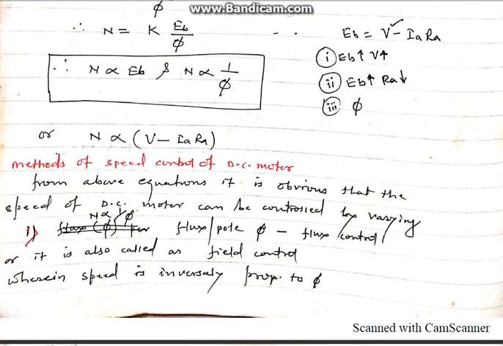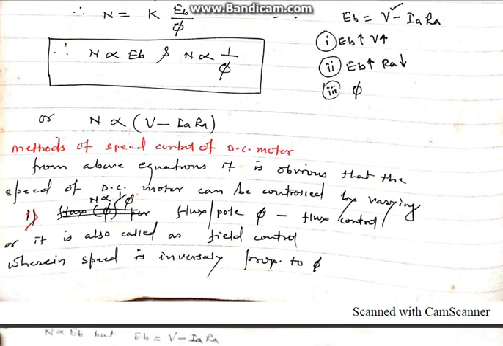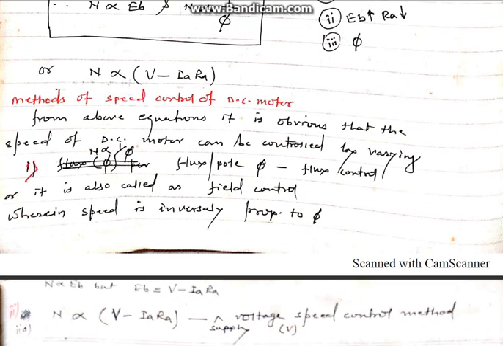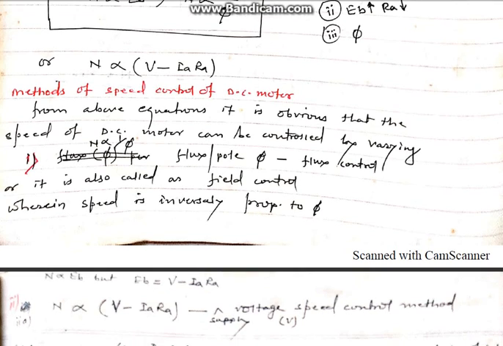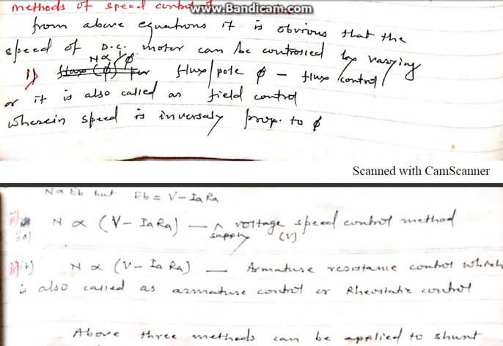So this method of controlling the speed is called the flux control method, wherein if you increase the flux, the speed reduces. This method is also called the field control method. You can increase the flux by increasing the field current, so you can decrease the speed.